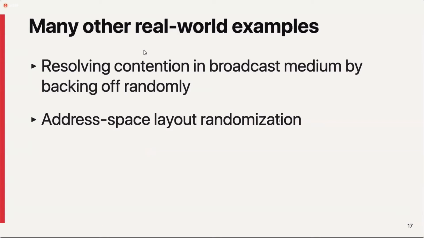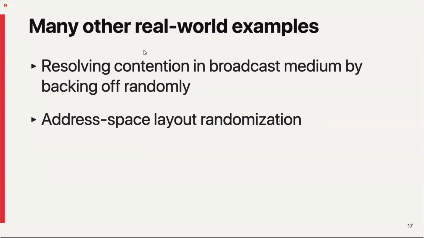For example, if we have a wireless broadcast medium and we want to resolve contention, of course, multiple nodes cannot send at the same time. If a node, when it tries to transmit, detects that other nodes are transmitting at the same time, how does it back off? We can, of course, set the backoff time randomly.